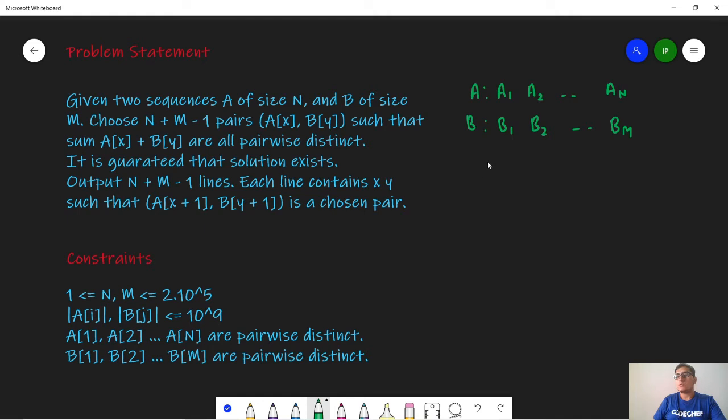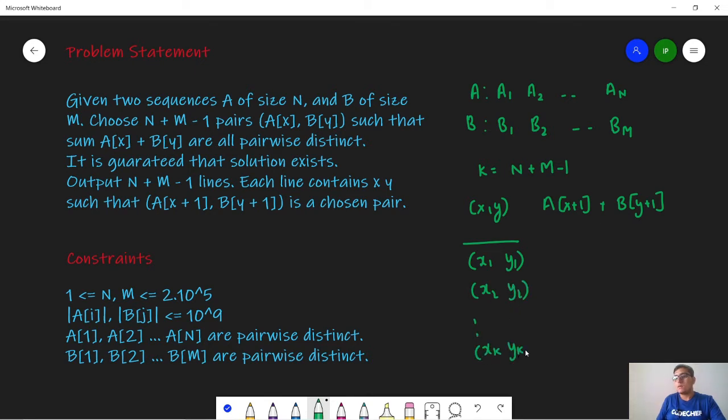Now we have to choose k equal to n plus m minus 1 pairs x and y such that Ax plus 1 plus By plus 1 is pairwise distinct. For example, let us say our final pairs are x1 y1, x2 y2 till xk yk.